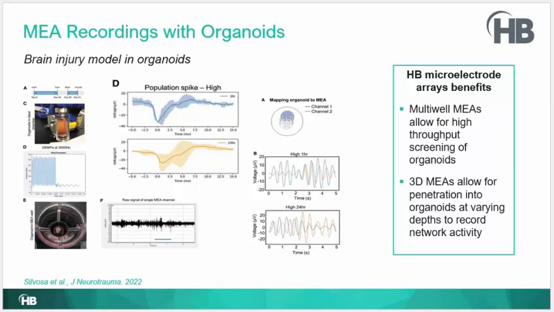Following these traumatic brain injury events, they could then characterize the changes in firing rate, bursting, and network dynamics as a result of TBI. The fact that this was able to be done in a multi-well environment allowed for very high throughput data collection and lots of different conditions being examined.